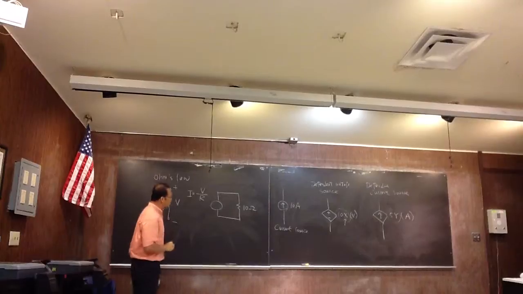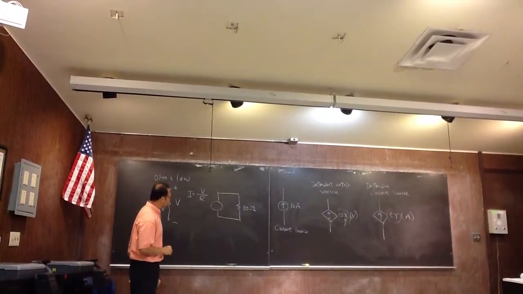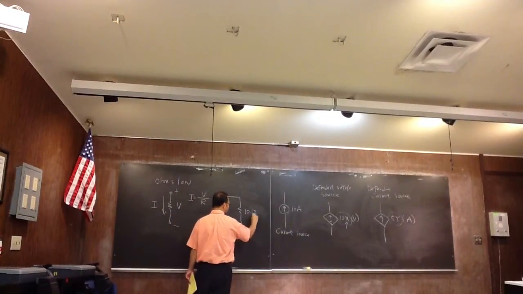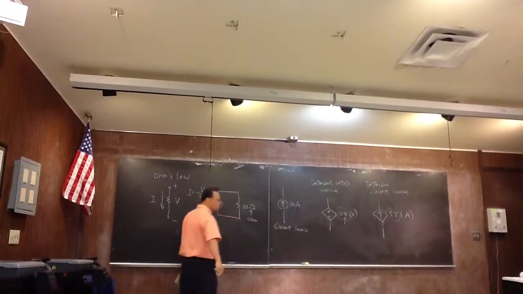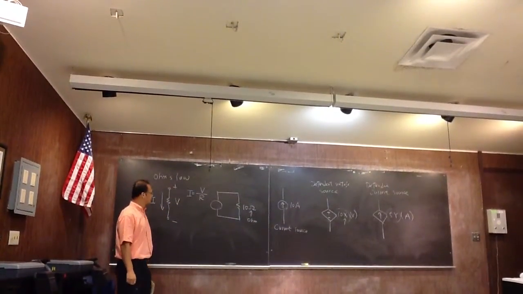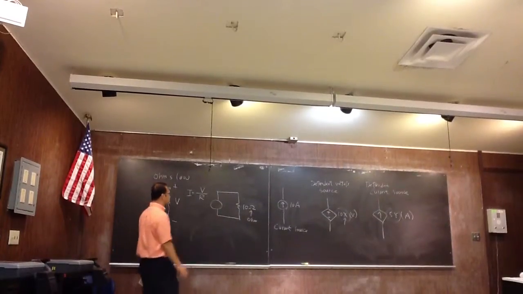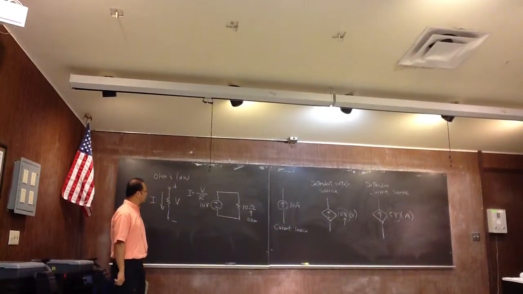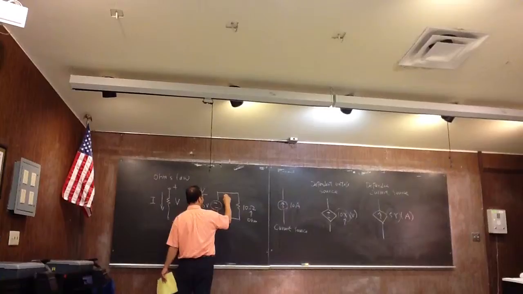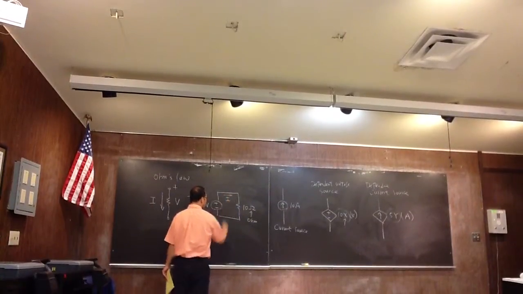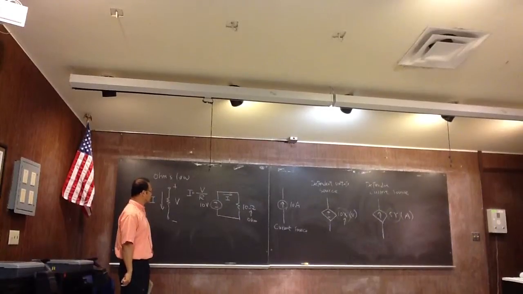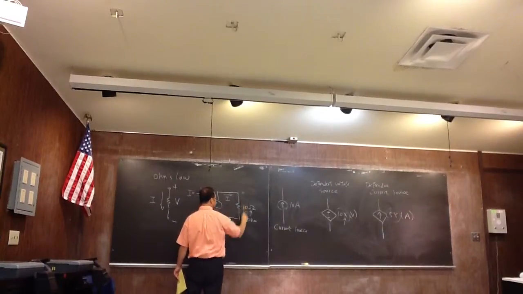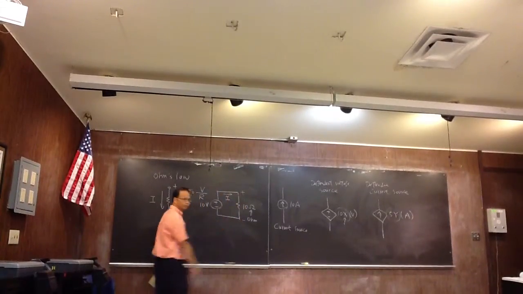By the way, did I tell you what unit we use for resistance? Ohm, right? And let's say this is a 10-volt voltage source. Then we want to find the current I. Well, you can see that the voltage across the resistor is 10 volts.